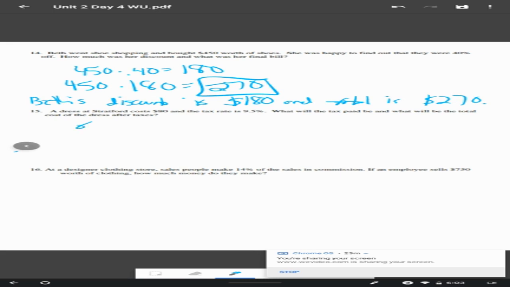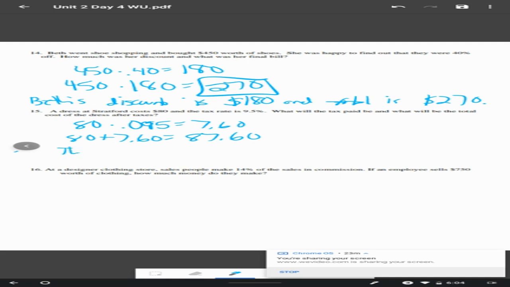Stratford tax rate. All right, 80 times 0.095. If you move the decimal 2 to the right, 80 times 0.095. So you get 7.60 total. Because it's taxes, you're supposed to add those together. So 80 plus 7.60 would be 87.60.